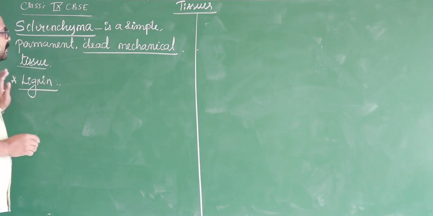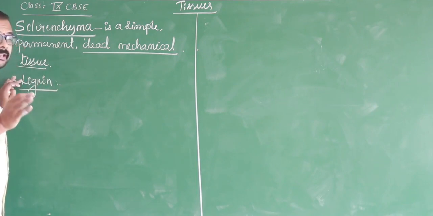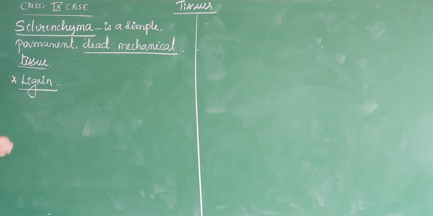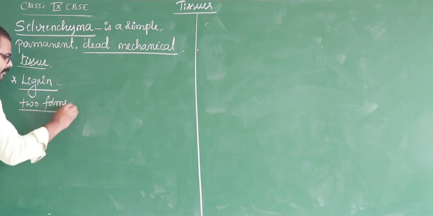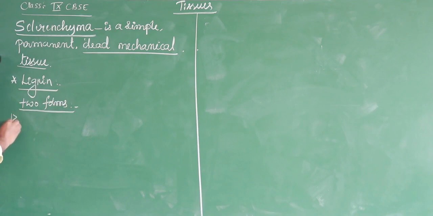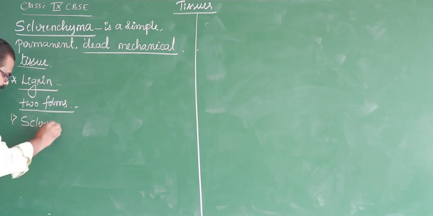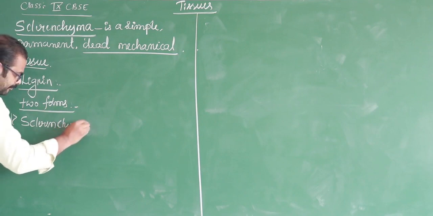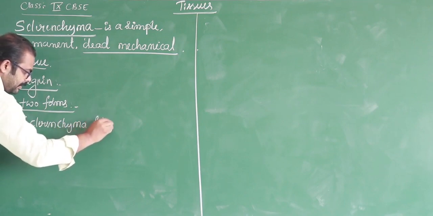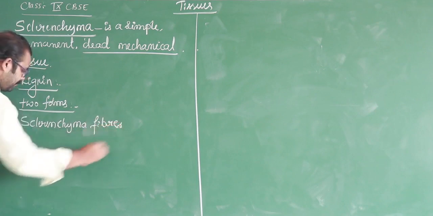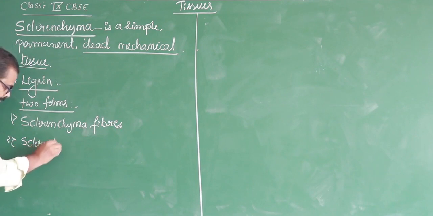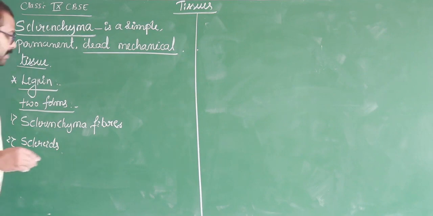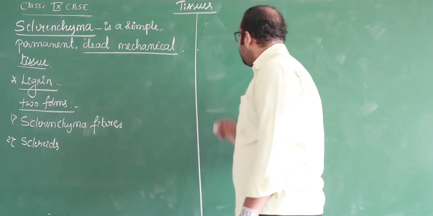So this is about sclerenchyma. Sclerenchyma is available in two different forms. One is sclerenchyma fibers, and the second type is sclereids. These are the two different forms of sclerenchyma tissue. Let's look at the structure of the sclerenchyma fiber.